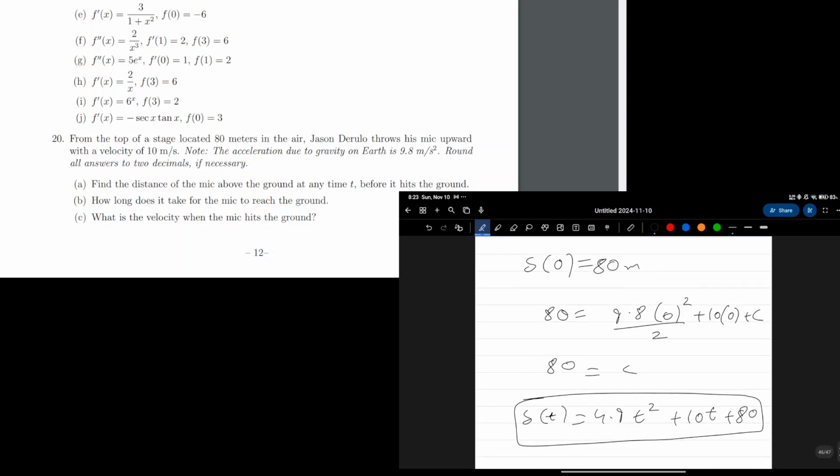Let me consult that with my guide real quick. S of t, plug in 0. Oh wow.